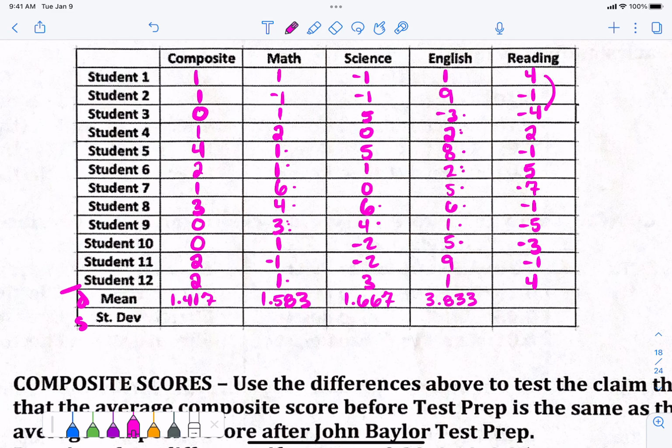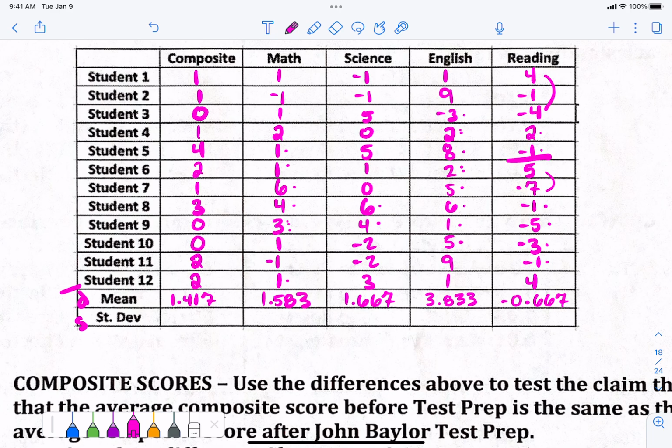Then the last one: -2, -3, -8, -11, -12, and -8. 8 divided by 12 is negative 0.667. Where are those papers at?